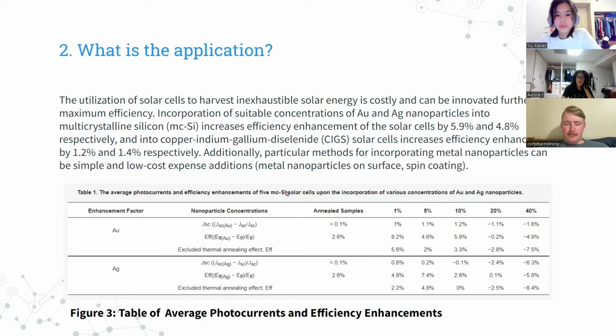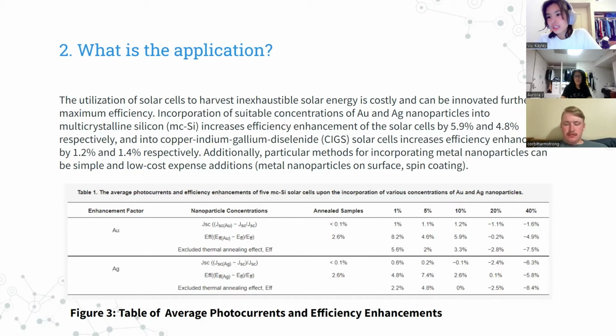Additionally, particular methods for incorporating the metal nanoparticles can be simple and low-cost additions. Specifically the method of metal nanoparticles on the surface and spin coating, which makes them ideal candidates for improving solar energy harvesting.